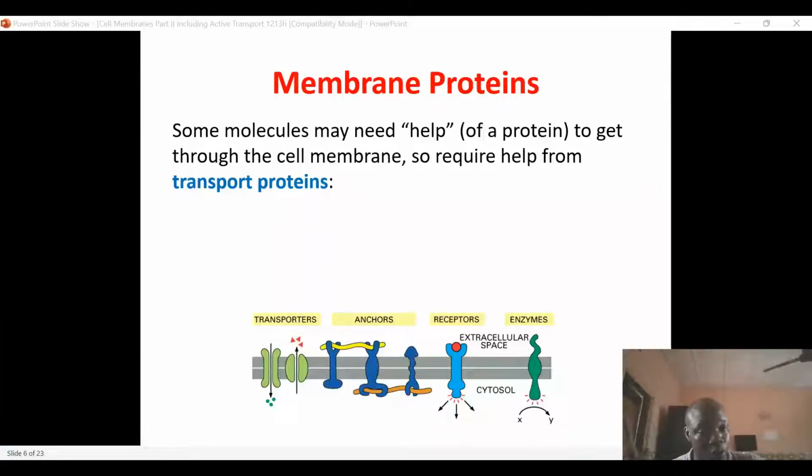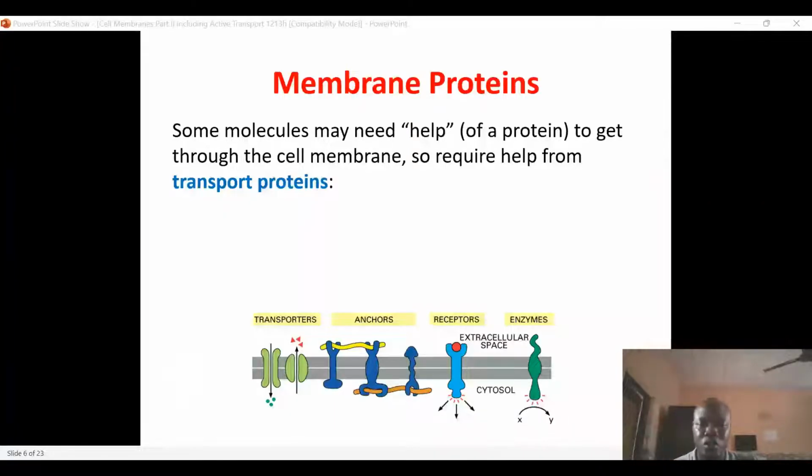Remember, there are types of proteins that are found on the cell membrane. We have integral protein and peripheral protein. But the examples of the proteins found on the cell membrane are transporters, anchors, receptors, and enzymes. These are the examples of the proteins that help in the transport of substances into the cell.